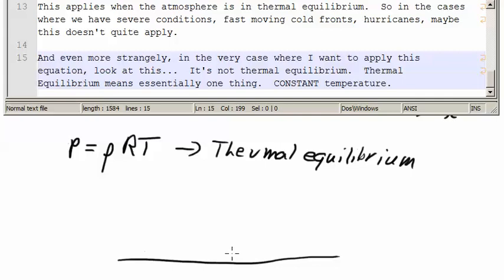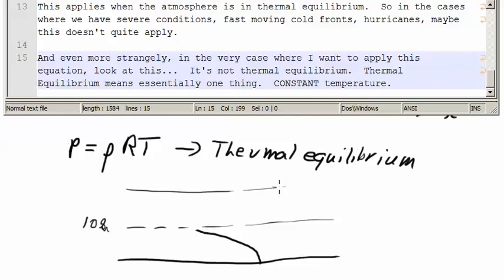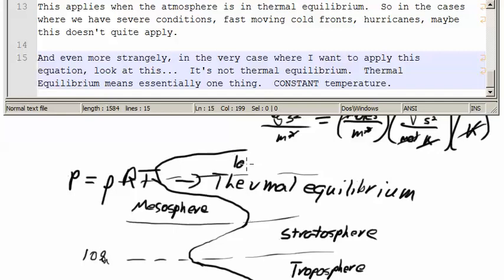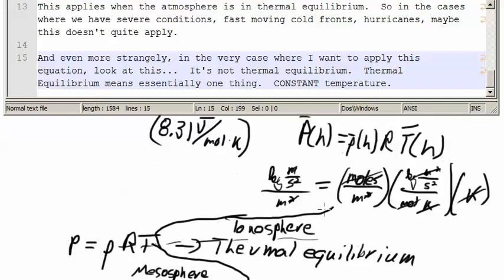In the atmosphere, we have temperatures that go down towards the top of the troposphere at 10 kilometers, and then out in the stratosphere the temperatures rise up again, and then in the mesosphere the temperatures drop again, and then in the ionosphere they go back up again until you get to the thermosphere, which is essentially in thermal equilibrium because it is a fairly constant temperature.